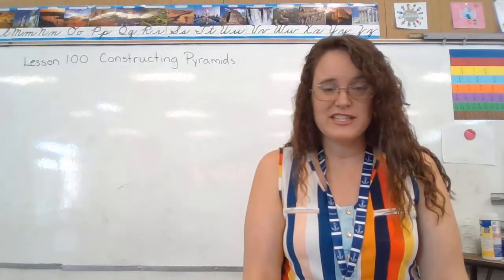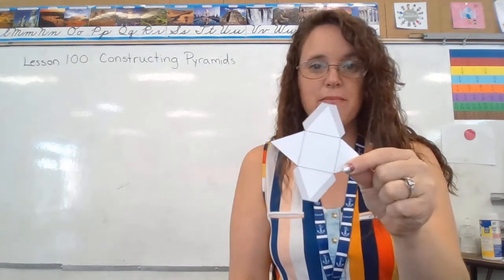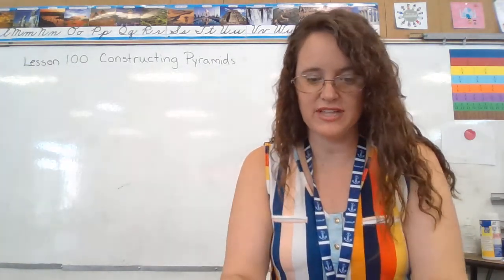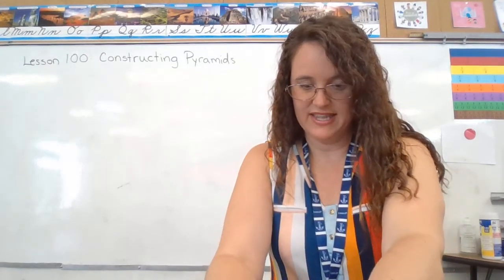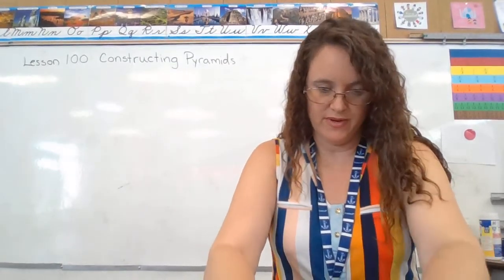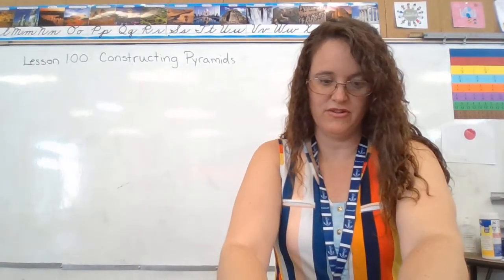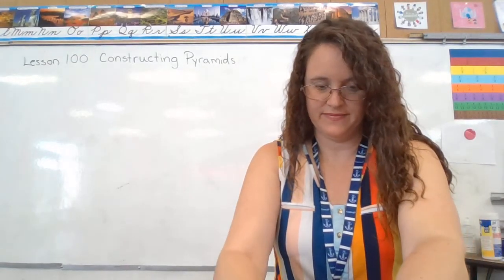And again, this process is just like our last lesson. We're going to start by folding every single line, every dotted line, every solid line. Get everything kind of pre-folded so that when it comes time to put it together, it just falls into place.